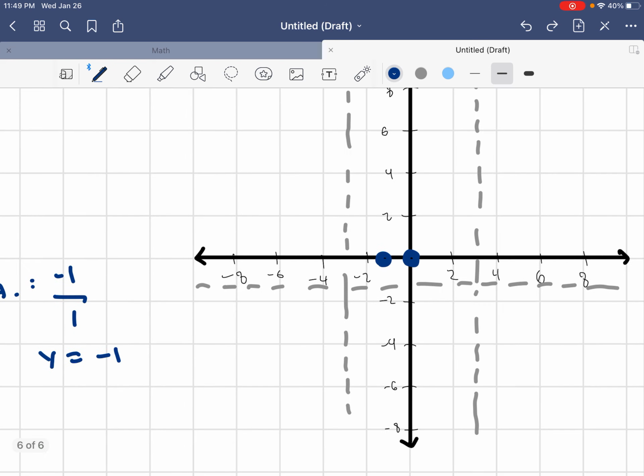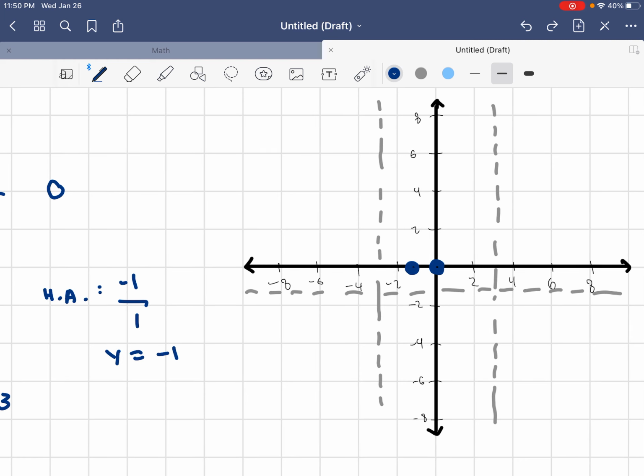So you could make a table and plug in values to find the end behavior, or you could just use common sense. So it can't go like this because it's going to cross x, which we don't have. Same thing over here, it can't go like this because it crosses x. And you know it's going to cross the x-intercept at some point, because it has to get close to your asymptotes, and it can't do that. So it's going to be down here.